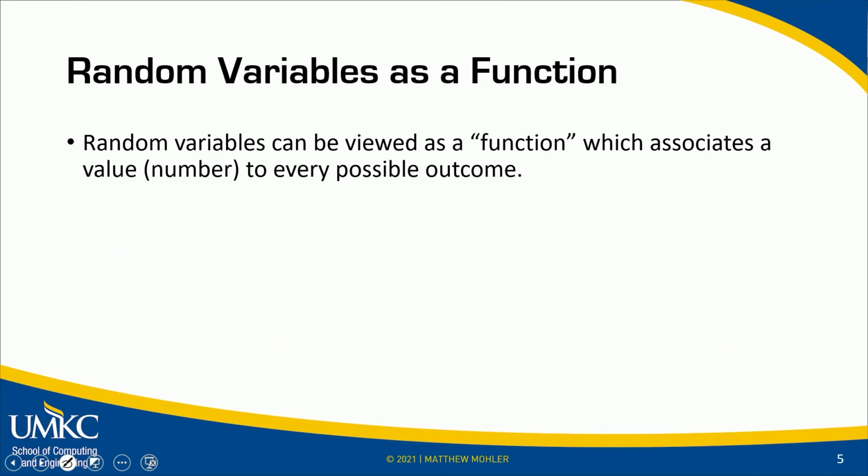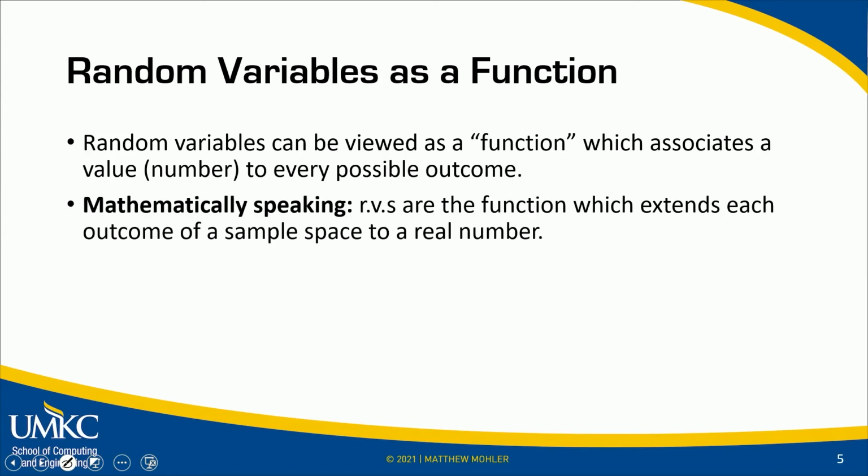So to summarize, random variables can really just be viewed as a function, which associates a number or a value to every possible outcome. And I say value in general because sometimes it can be a letter, sometimes it can be a state, whether that be a pass or a fail. And so those values are associated to every possible outcome based on some function of the individual outcomes of your probabilistic system.